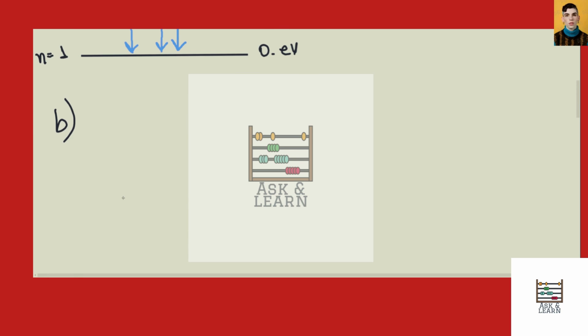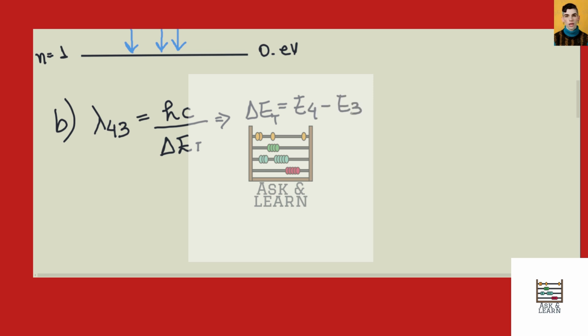So let's calculate each one of those. The wavelength of the photon from the transition 4 to 3 is going to be equal to hc divided by the energy of the transition, where the energy of the transition in this case is going to be the energy of state 4 minus the energy of state 3.